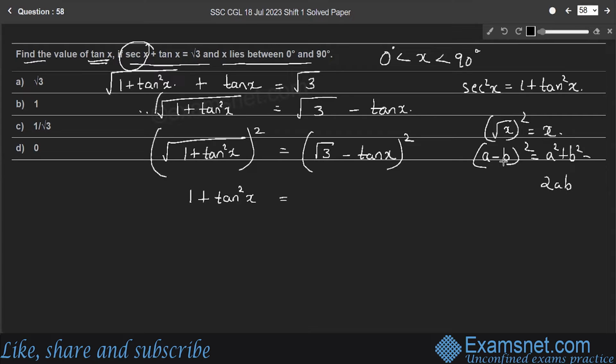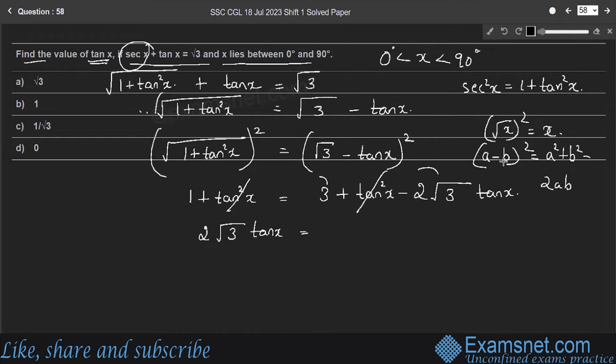A square is root 3 the whole square, which is 3, plus b square is tan square x, minus 2ab means 2 into root 3 into tan x. Here we can cancel tan square x and tan square x. Take the minus 2 root 3 tan x to the LHS part. It becomes plus 2 into root 3 into tan x.